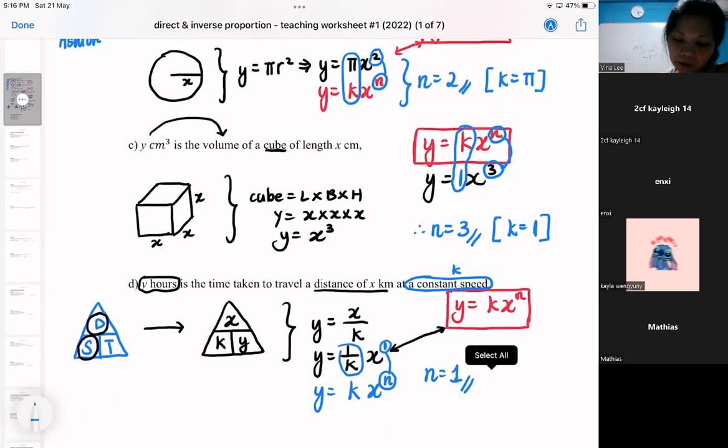The constant is 1 over k, and the constant is just a number. It doesn't matter. So Abigail, you are almost correct. It's just that you cannot put the k as 1. It has to be some unknown.